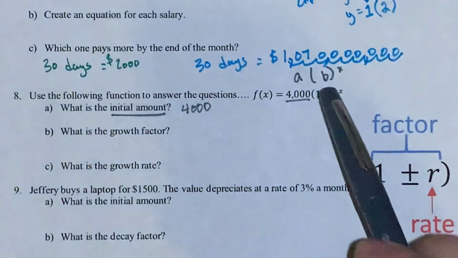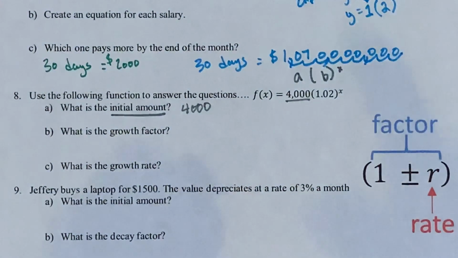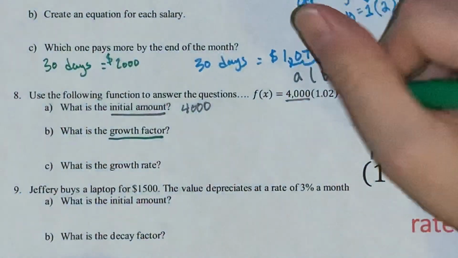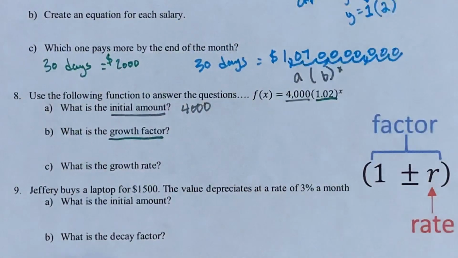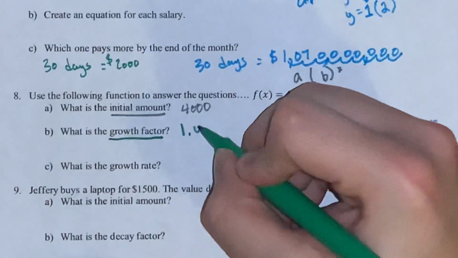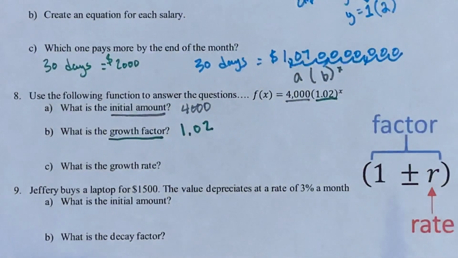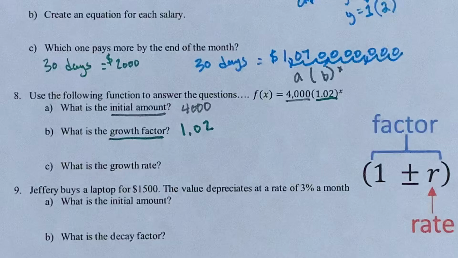So if you're asked about the factor, it is 1 plus whatever the rate is. In other words, it's all of B. So the growth factor here is all of that. So 1.02.